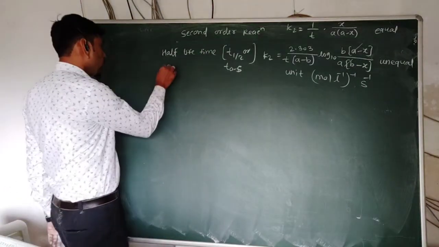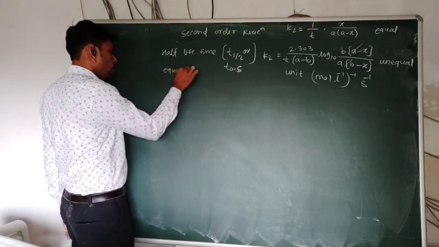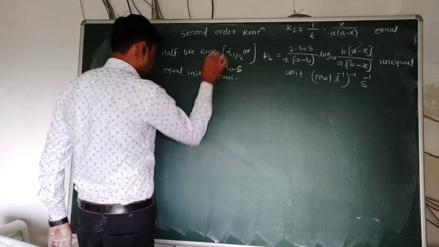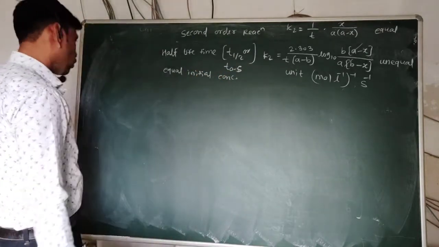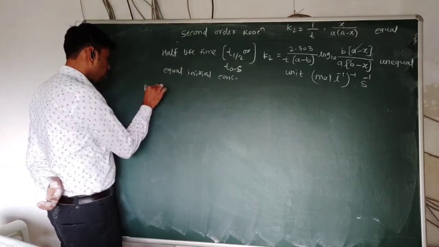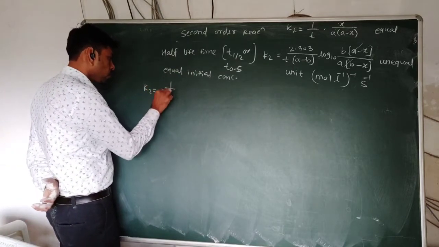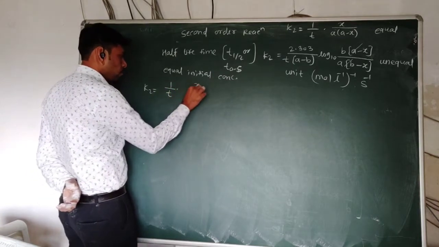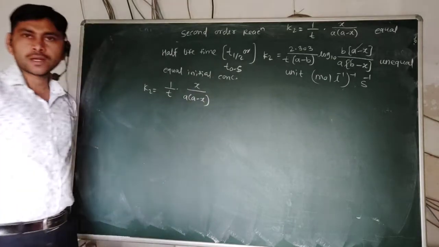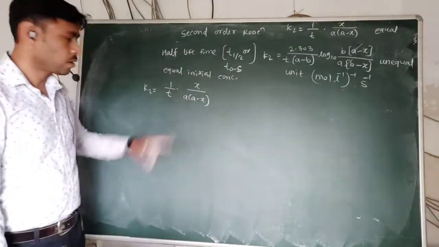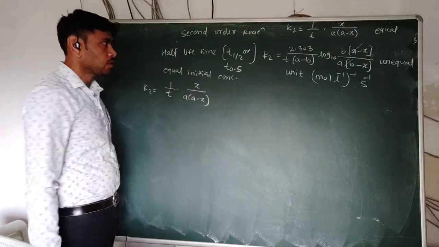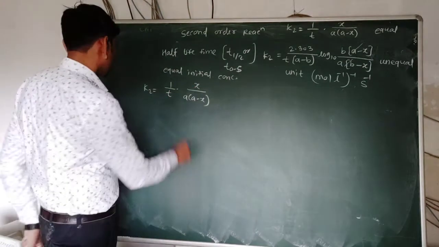See, for equal initial concentration, the rate equation is what? K2 equal to 1 upon T into x upon a into (a minus x) is the rate equation for second order reaction with equal initial concentration.